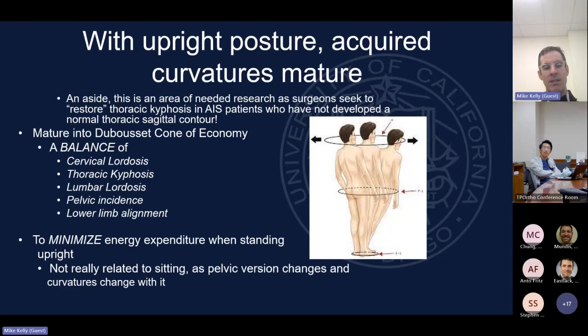The other thing to consider is that when you operate on people that do not stand, they only sit, for example, neuromuscular scoliosis, or maybe you'll see a Charcot arthropathy this year, you do not want to nail your lumbar lordosis targets in those patients because we flatten our spines when we sit down. In general, irrespective of pelvic incidence, the lumbar lordosis for sitting adults is between 25 and 30 degrees.